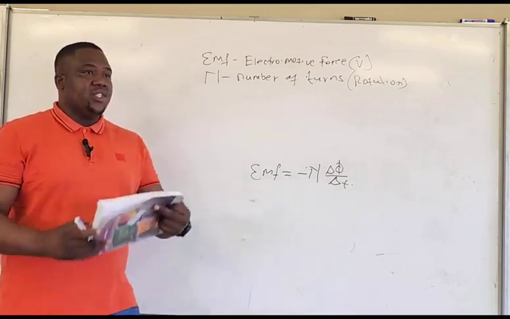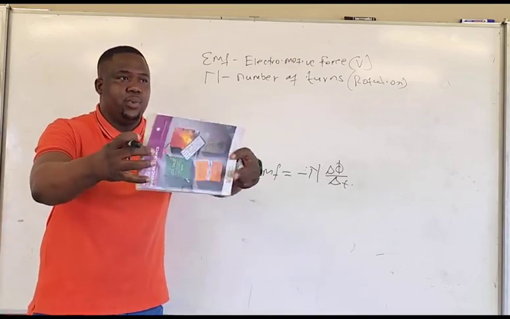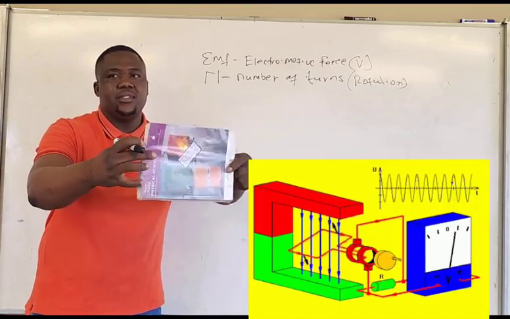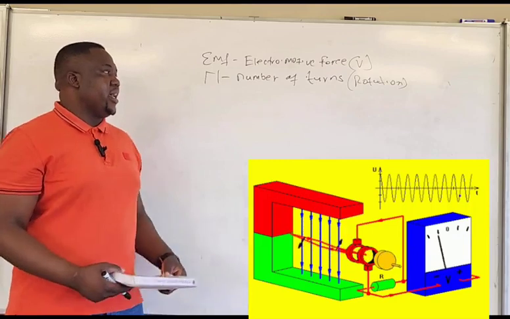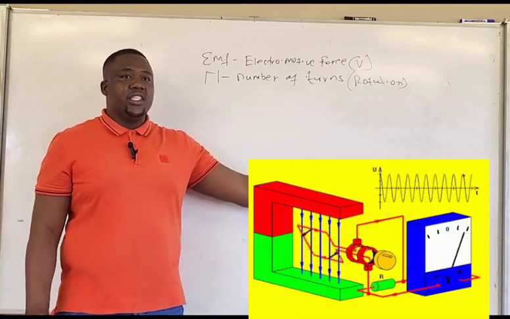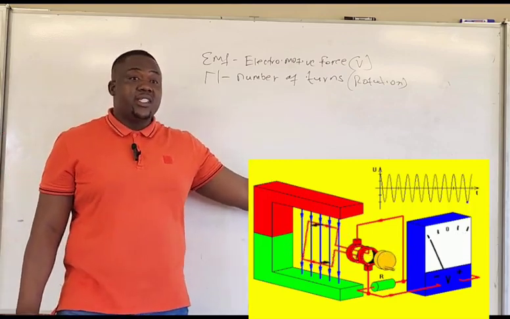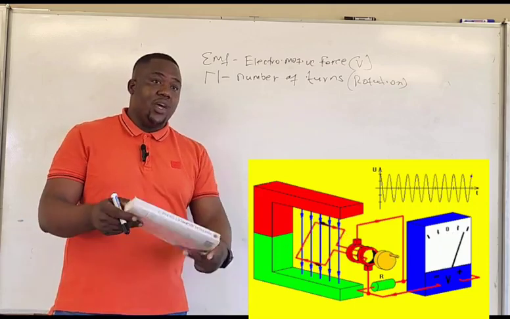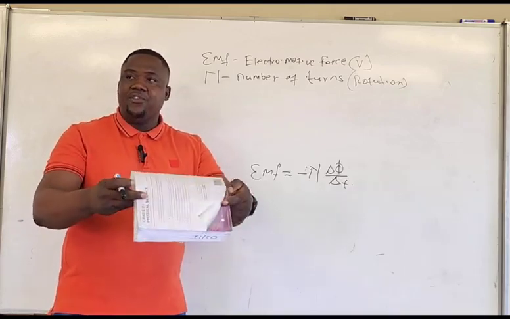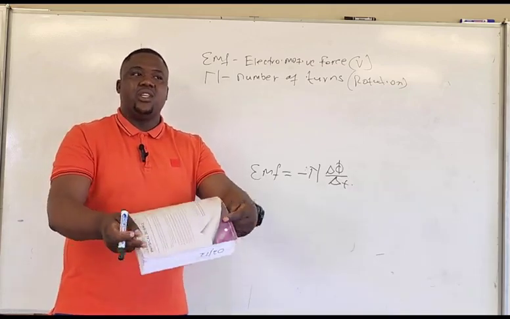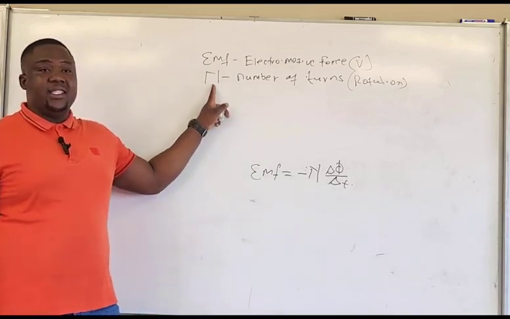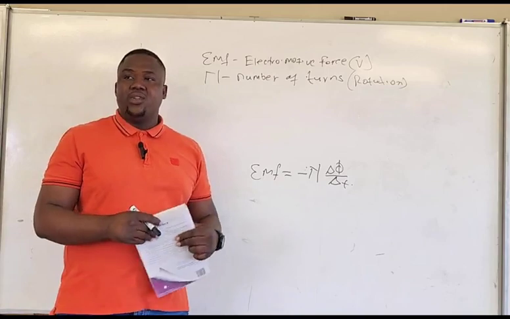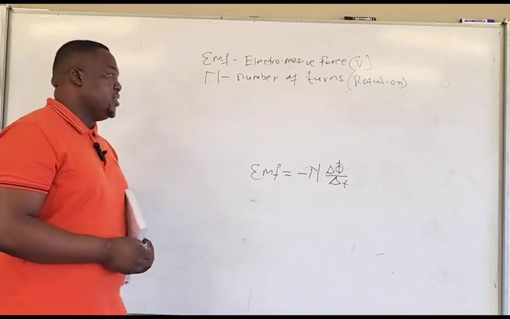You understand? So you find that this book turns 50 times in 20 seconds. It means here, for the changing time, we are going to have 20 seconds. Number of turns, we are going to have 50. It's the number of turns, the number of rotations. How many times did the book rotate? That's what we mean by this N.